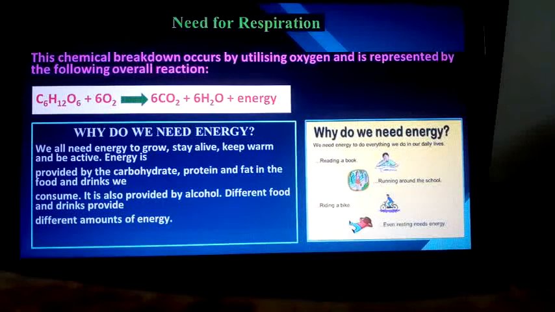We get this energy from carbohydrates, proteins, fats in the food and drinks we consume. It is also provided by alcohol, different fruits and different drinks. Different amounts of energy come from different sources.